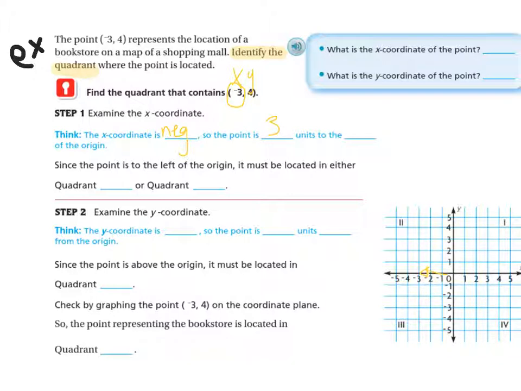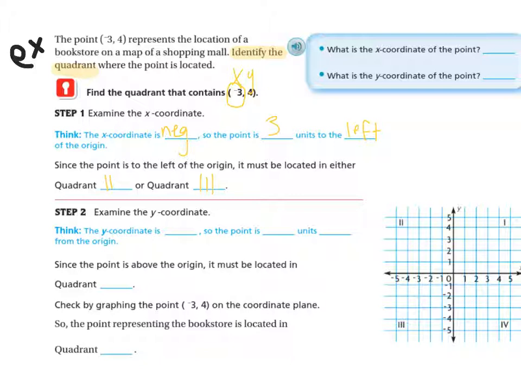So 3 to the left. Since the point is to the left of the origin, it must be located in either quadrant 2 or 3. We're not done yet. We've just narrowed it down. We now know that it's not quadrant 1 or 4. So now we could guess, but let's keep trying to figure it out.